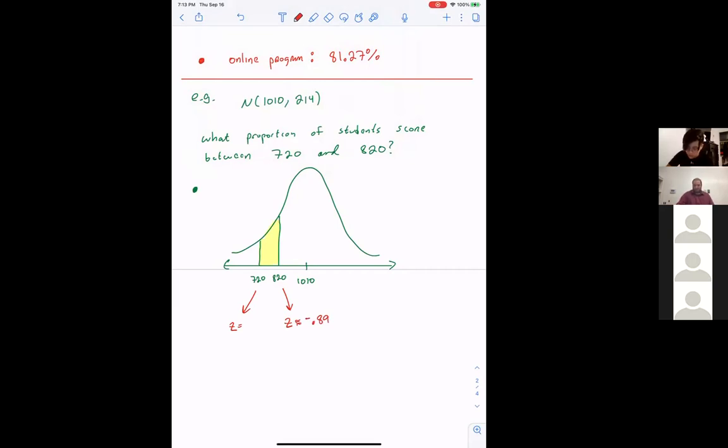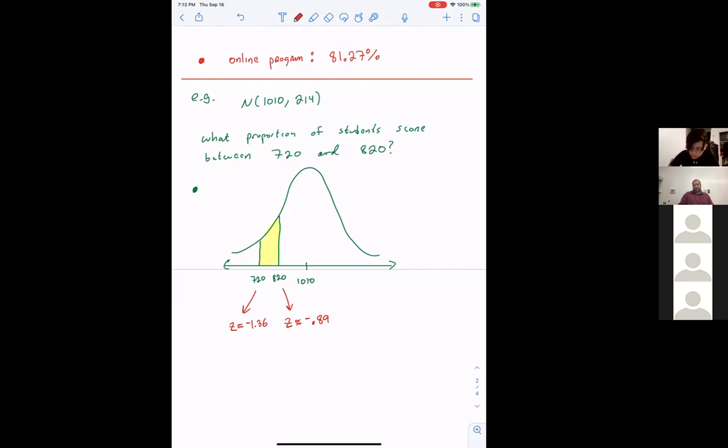And what is the Z score for 720? Negative 1.355, so to 2 decimals, negative 1.36. And again, it's an approximate.